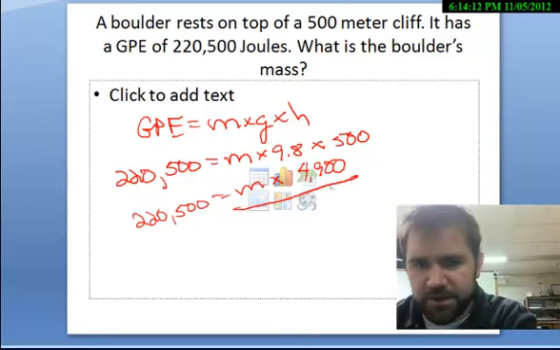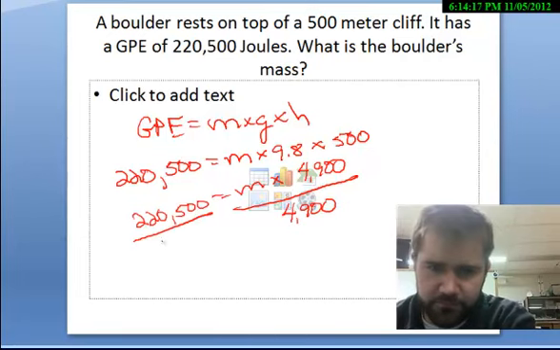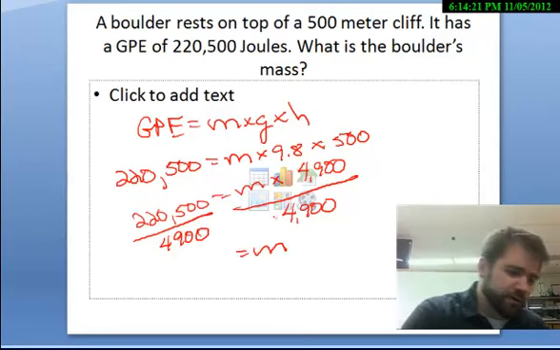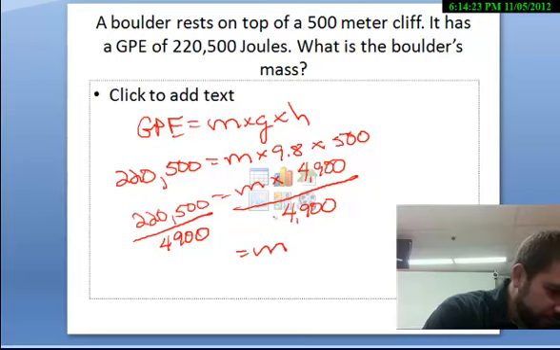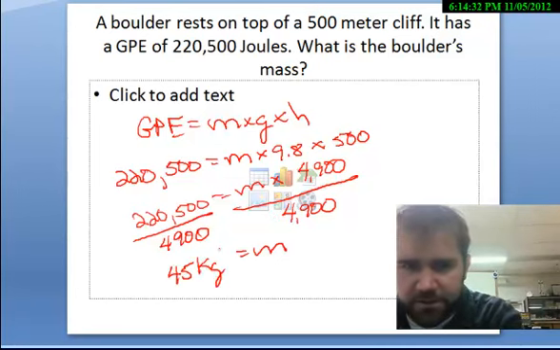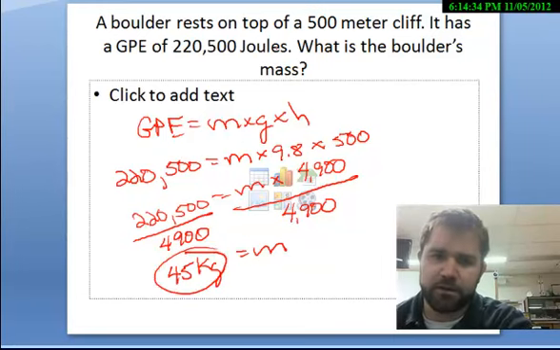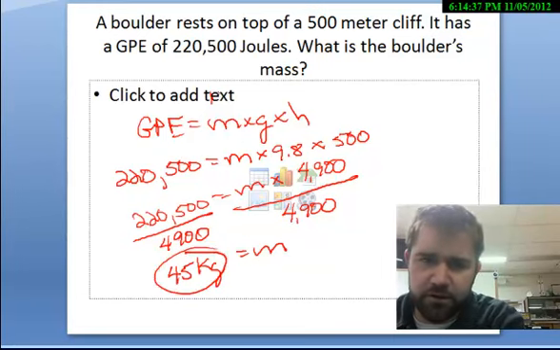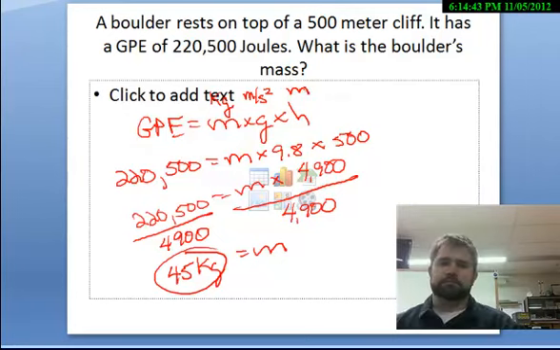I'm going to divide both sides by 4,900 to isolate the mass variable. And mass is equal to 220,500 divided by 4,900, which equals 45. And this answer is going to be in kilograms, because in this equation, again, the units are kilograms for mass, meters per second squared for the acceleration due to gravity, and meters for height.